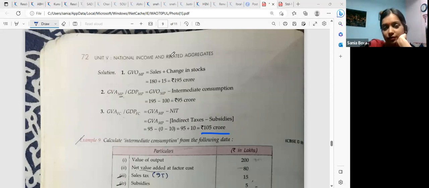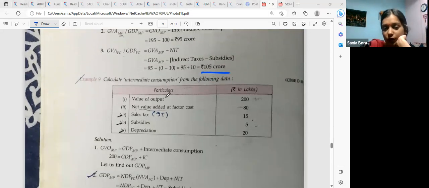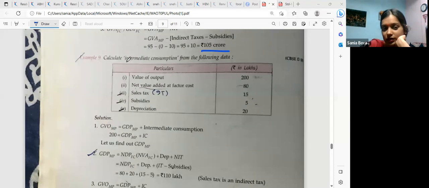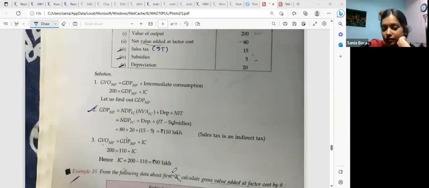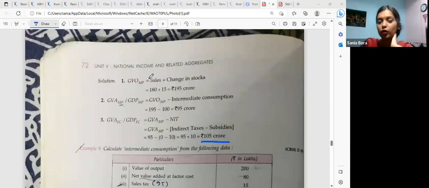You got something different? Okay, just check what you did. It's not about the ninth one. In the ninth one, you have to calculate intermediate consumption. For that, you got 90. Okay, for this, just check where you went wrong.